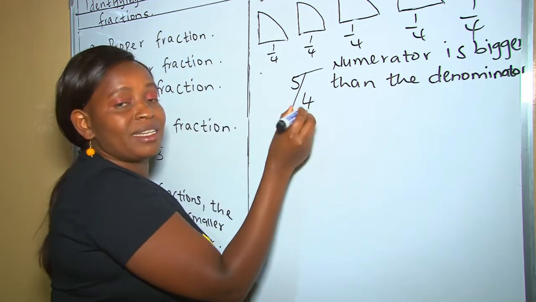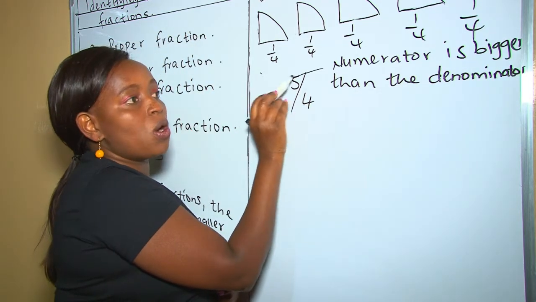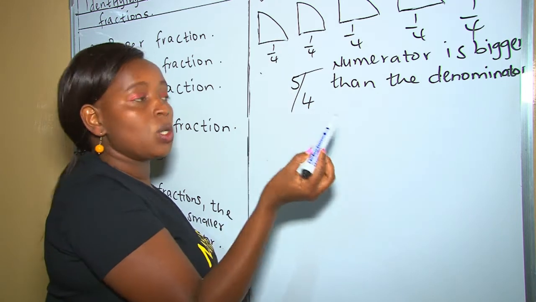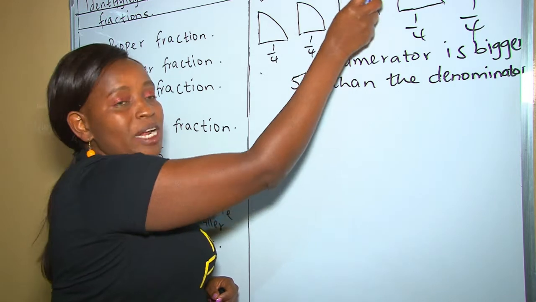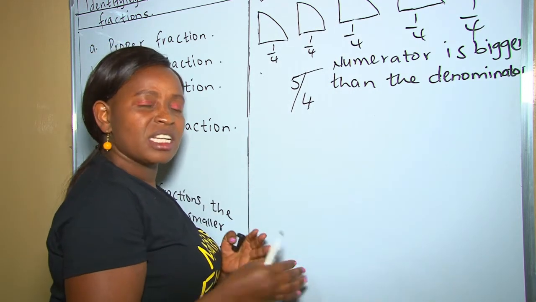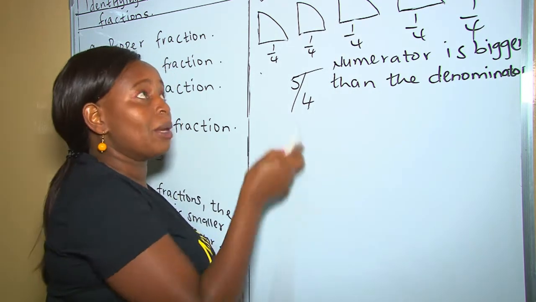Four is a denominator, 5 is a numerator. So if you see any fraction with the numerator being bigger than the denominator, it's called improper fraction. It is not a proper one. It's something not that good, so it's improper.